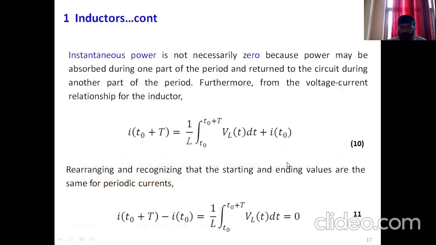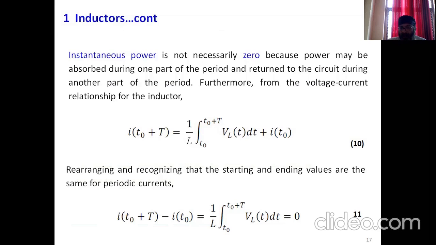Again, instantaneous power for inductive circuits. For periodic signals, we know this: the voltage across the inductor, from time t0 to the complete one cycle, multiplied by time and divided by L, is the current.